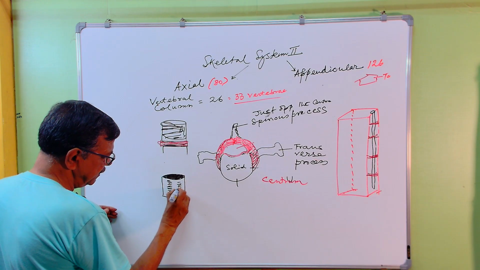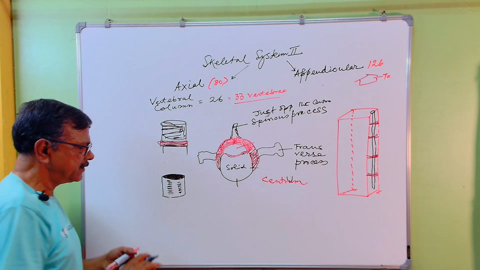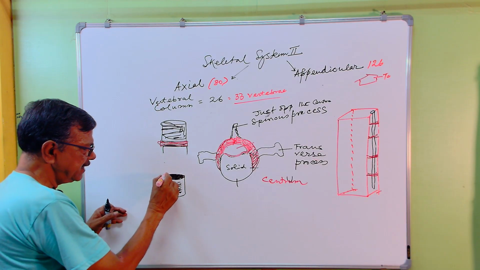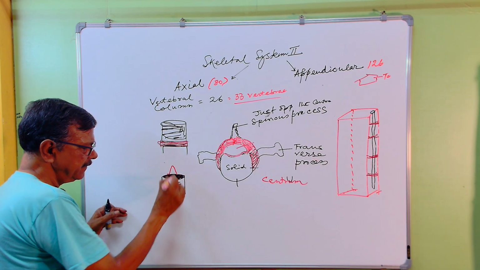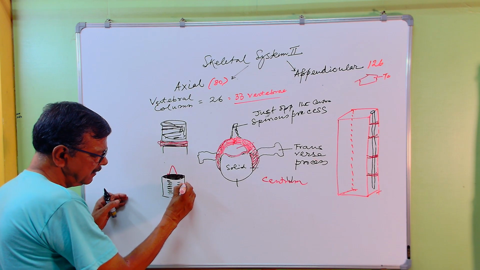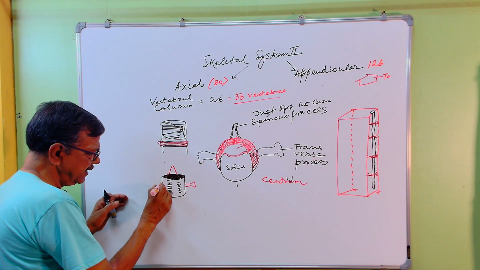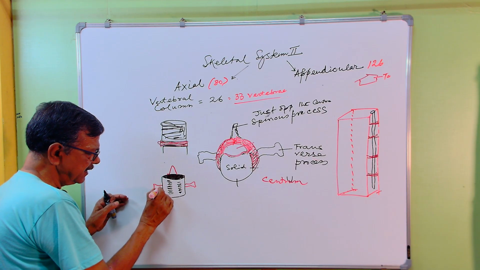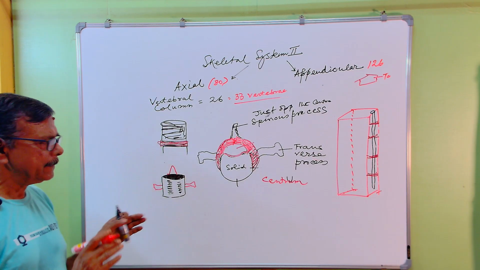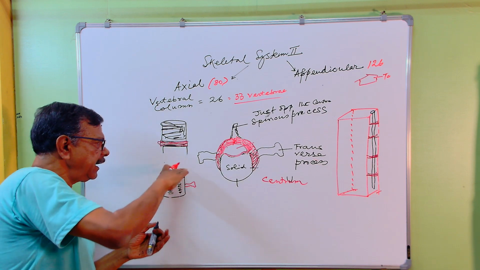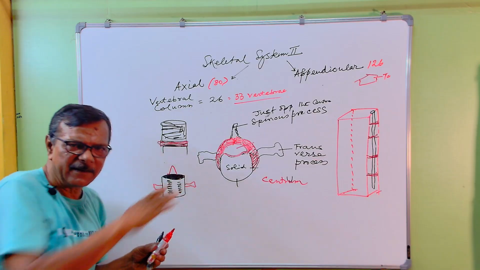I am not expert in drawing. On the back side there is the spinous process, and on these two sides there is another process. Clear? Above it remains flat.